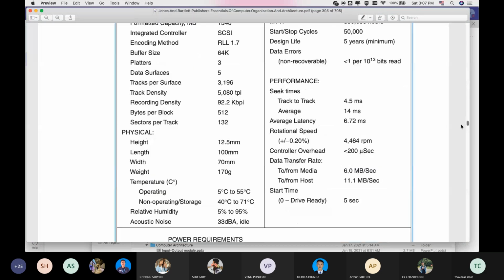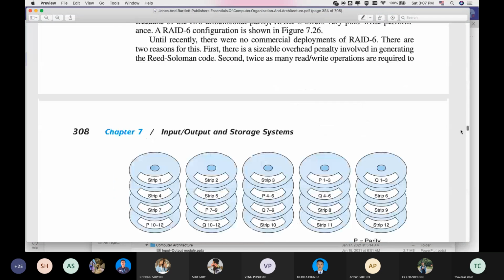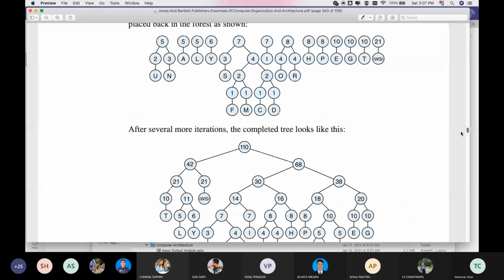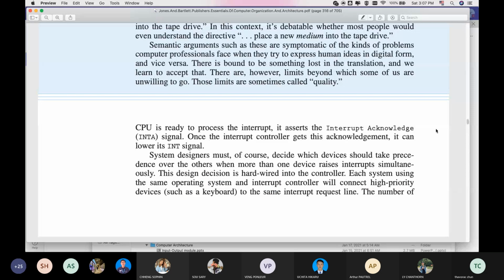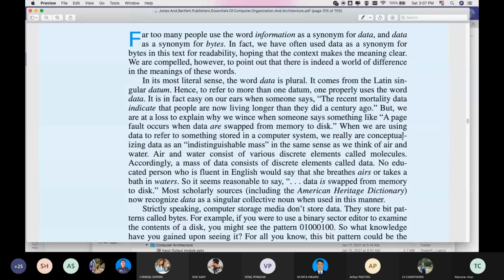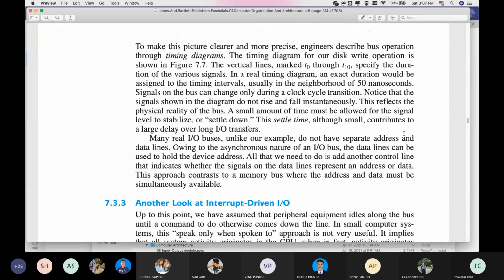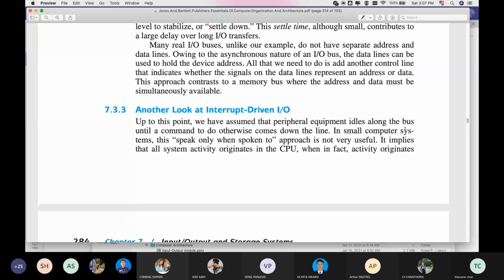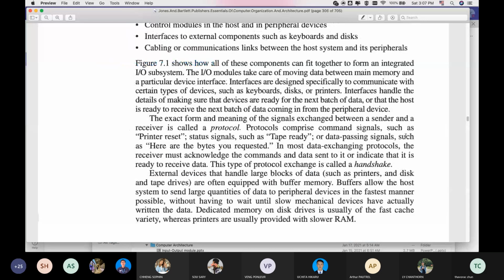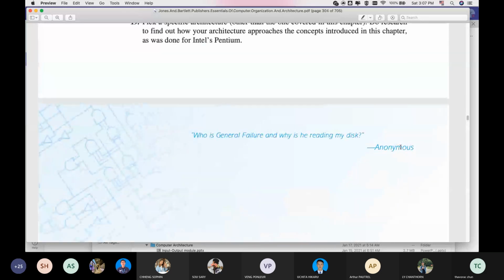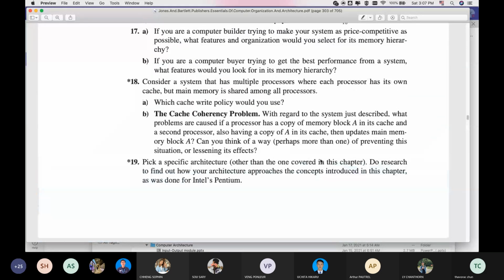Something I forgot. Let me find it. Chapter 6. Chapter 7. This one is chapter 7. The exercise is in here.